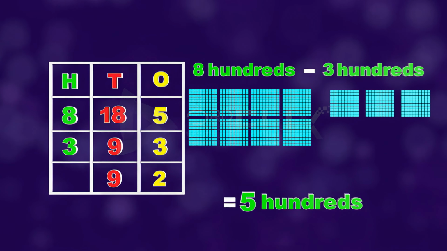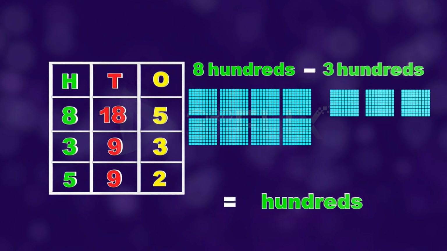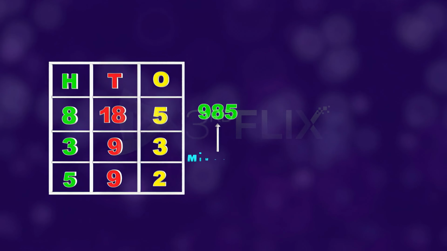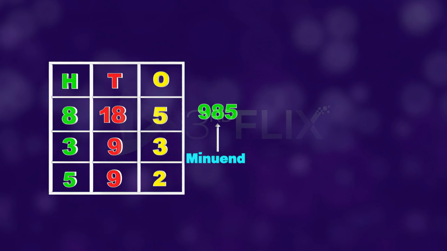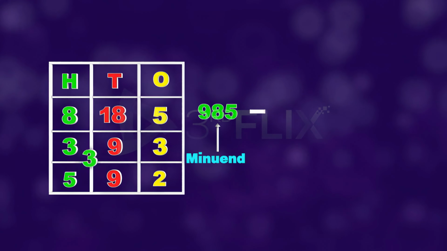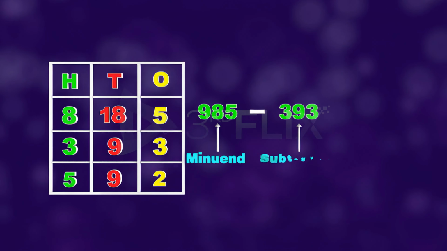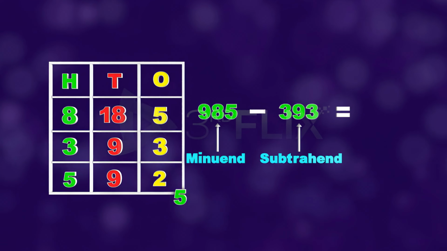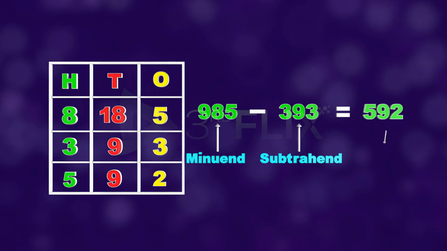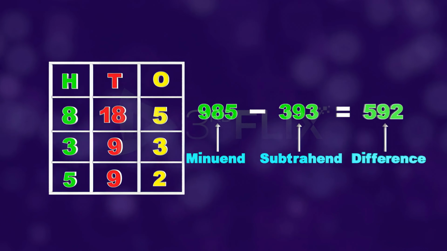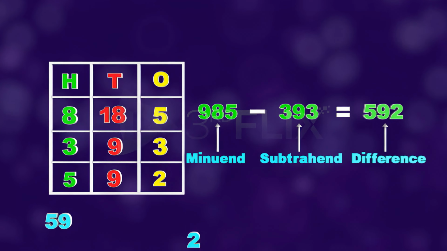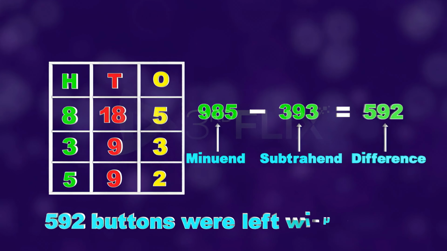Keep 5 under the hundreds column. 985 minuend minus 393 subtrahend is equal to 592 difference. Therefore, 592 buttons were left with Dennis.